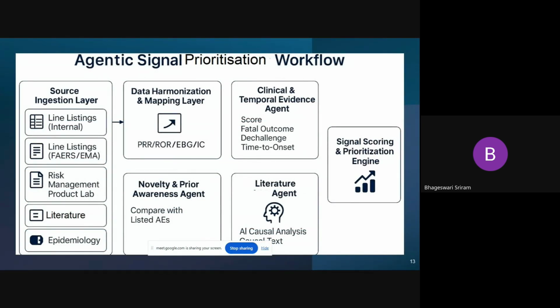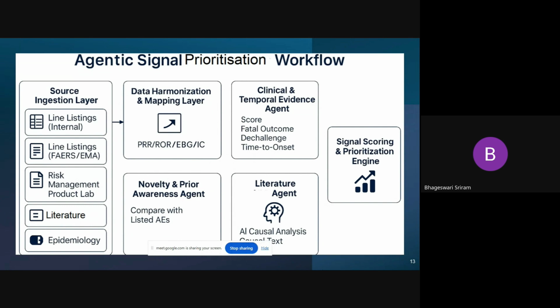So how could a potential agentic workflow be envisioned? On the left hand side, we see the different sources that we need to analyze. You see the listings, your product labels, literature, epidemiology. Then comes a data pre-processing or harmonization layer prior to your quantitative or qualitative analysis.